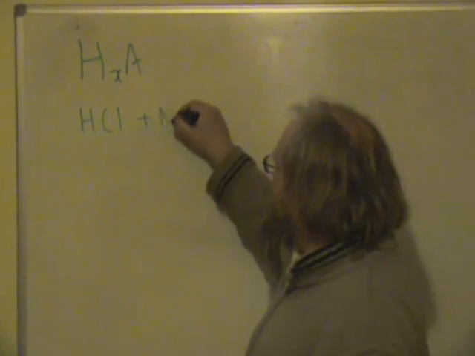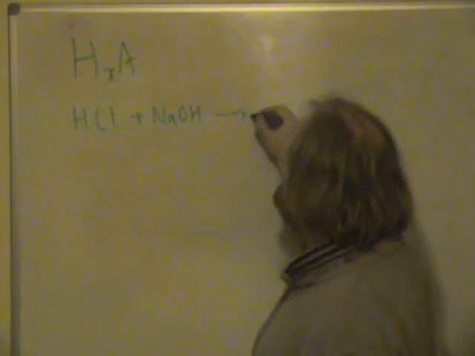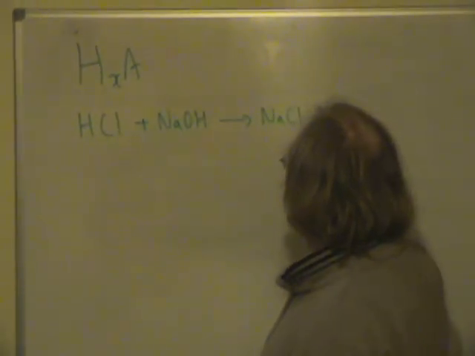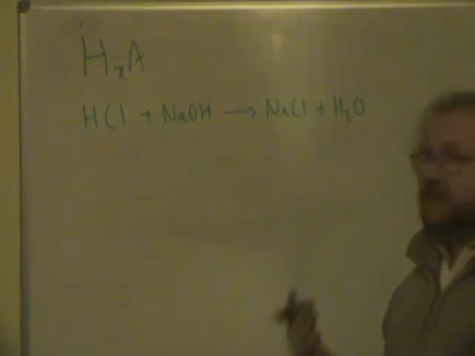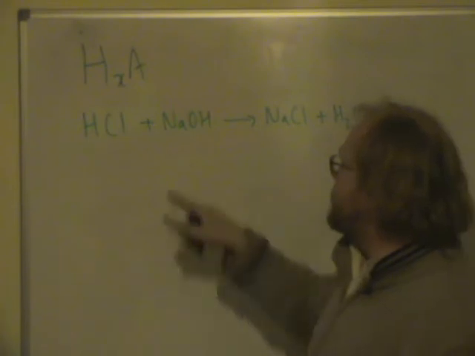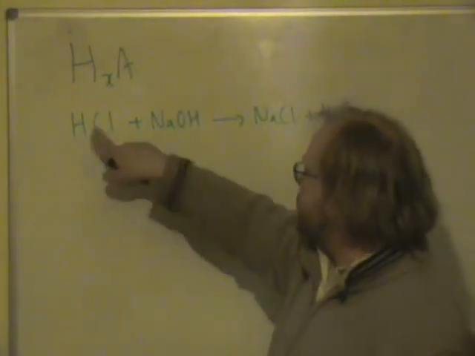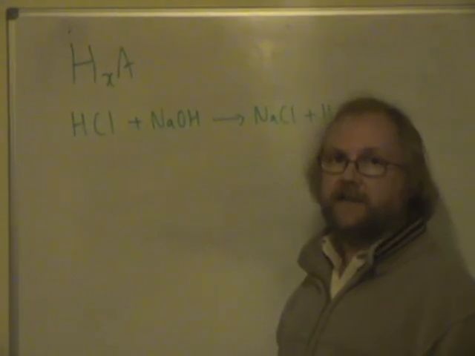The equation for reaction with sodium hydroxide is very simple. Remember, acid plus alkali goes to salt plus water. You must be very sure that you remember those essential acid reactions. So it's a one-to-one reaction, reflecting the fact that each H plus ion from the acid needs an OH minus ion from the alkali to react with.